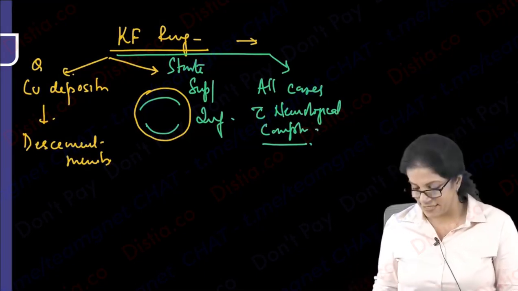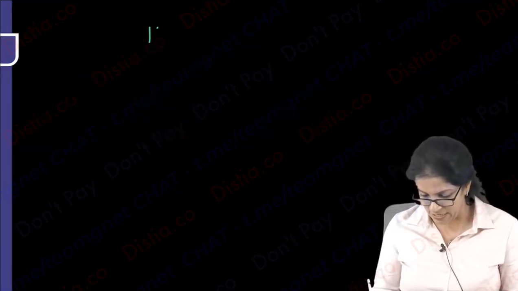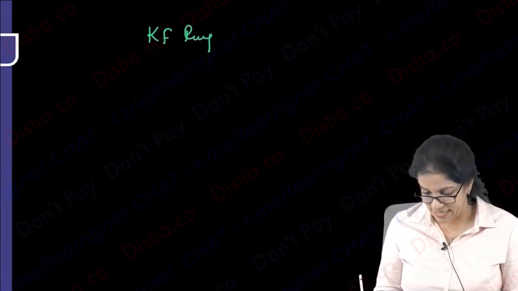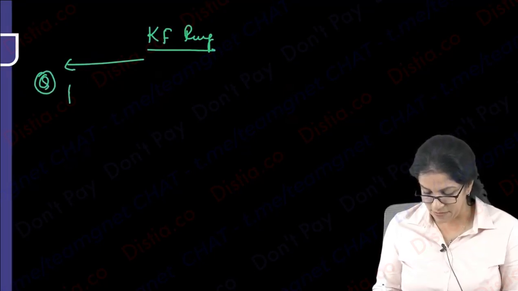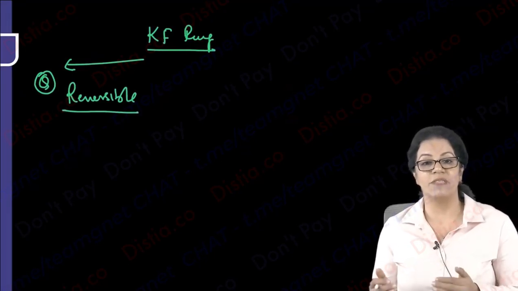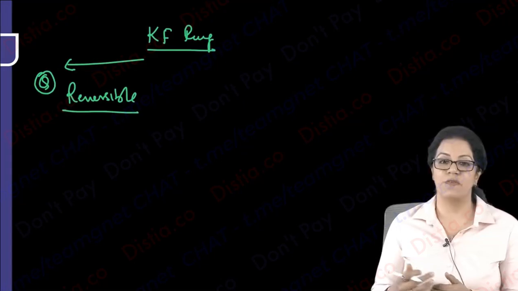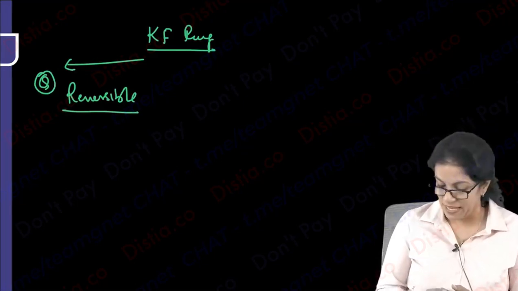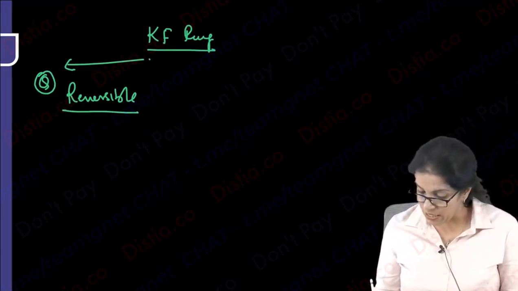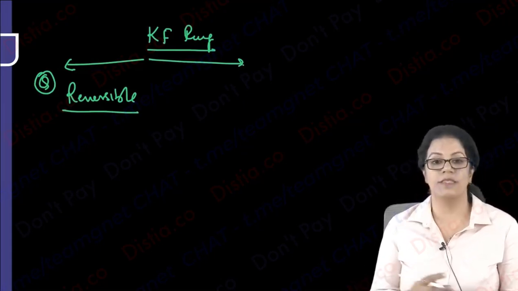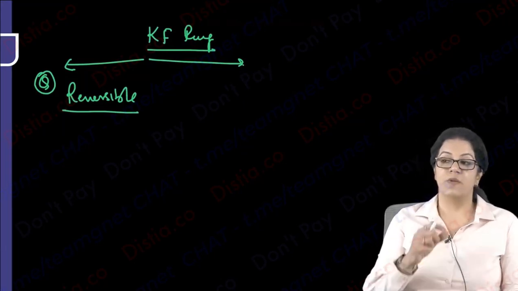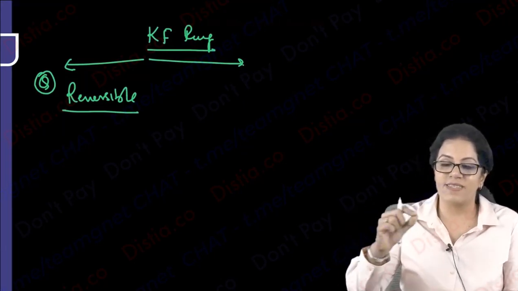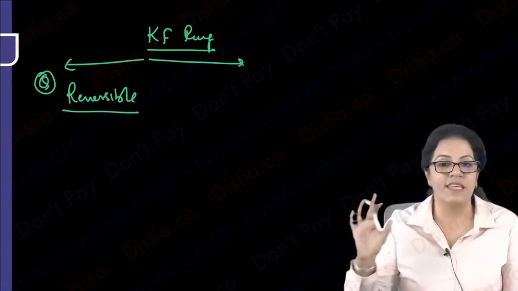Then next important point on KF ring, is it reversible or irreversible? Another exam question, we will answer reversible. Even if it is fading, it's a sign of reversibility. So this is what we look for when we are treating Wilson's disease. And then next, this was the statement in your exam which was not correct, and it was written: all cases of hepatic disorders in Wilson's disease are associated with KF ring.